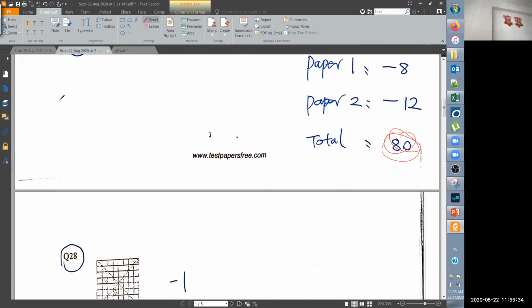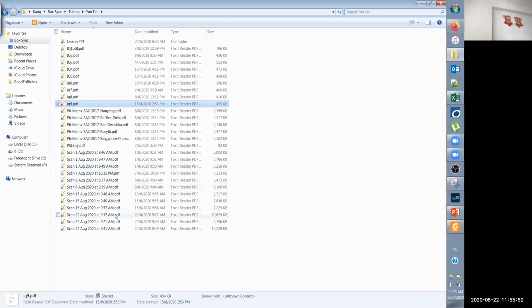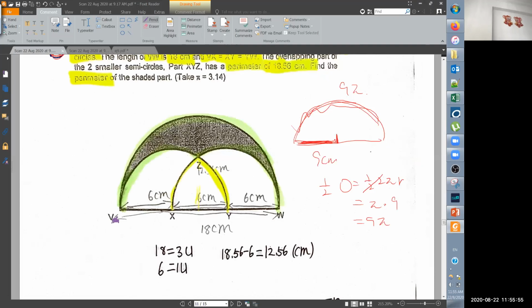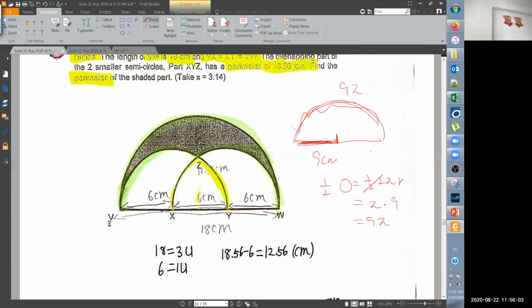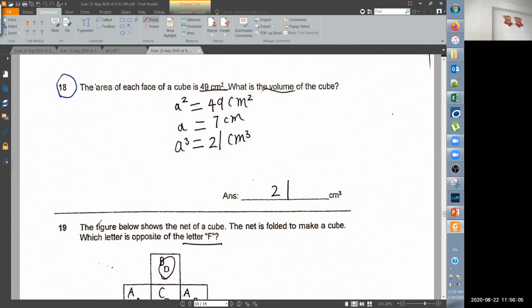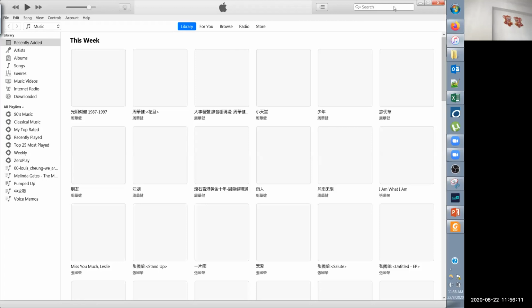OK，so 我们总结一下今天你的那个成绩。So paper 2，OK，paper 1，你失去了8分。有两个问题。paper 1在哪里啊？这个，No, this is not the one。OK，so paper 1有2题是完全let me get rid of this first.